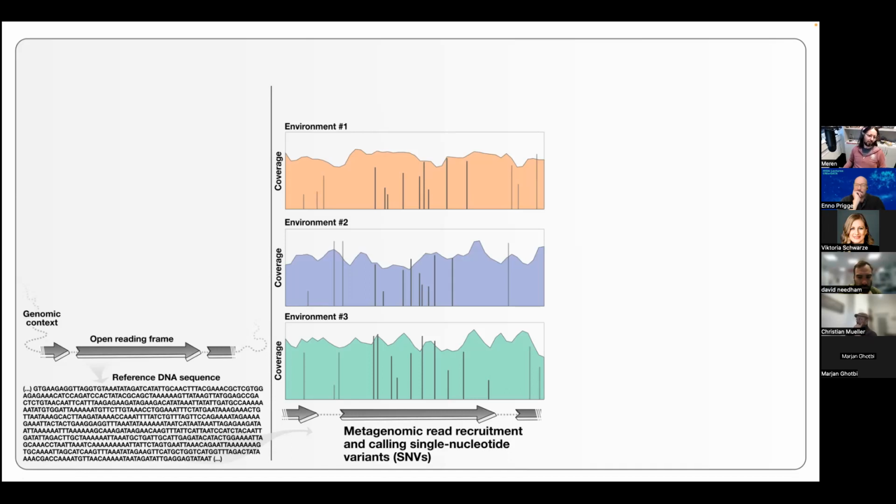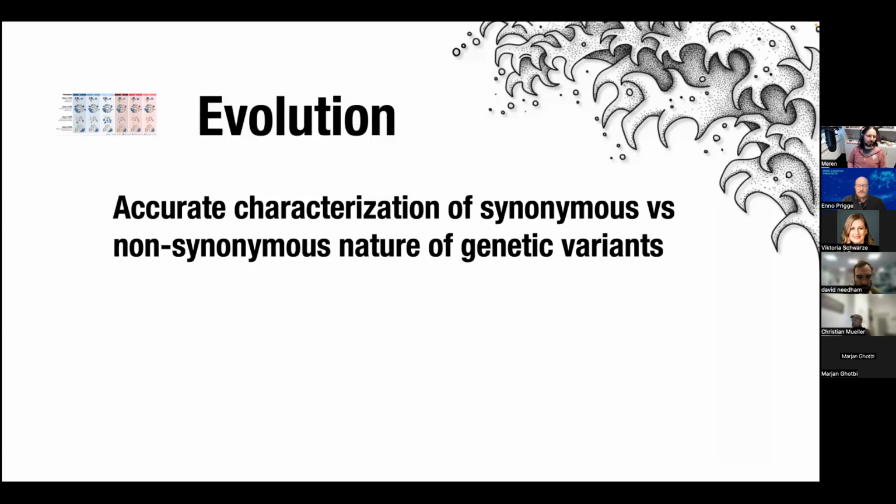So this is one of the areas that my group has contributed to and focused on a bit, and I wish to detail them for the next few slides to give you a broader sense of the nature of the data here and ideas that are out there to work with today. So of the shortcomings we realized in state-of-the-art approaches, I could summarize into one: accurate characterization of the synonymous versus non-synonymous nature of genetic variants was very difficult with this increased amount of diversity.